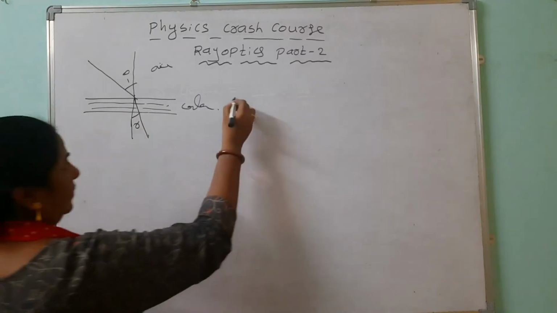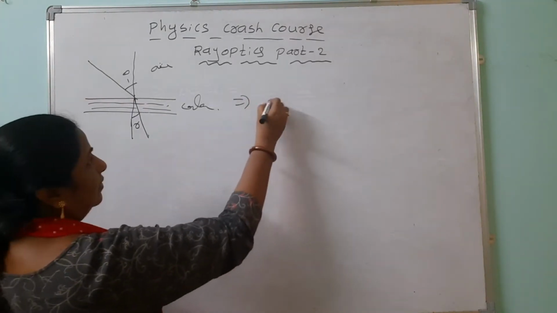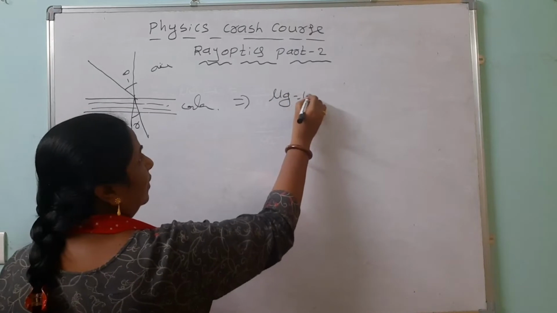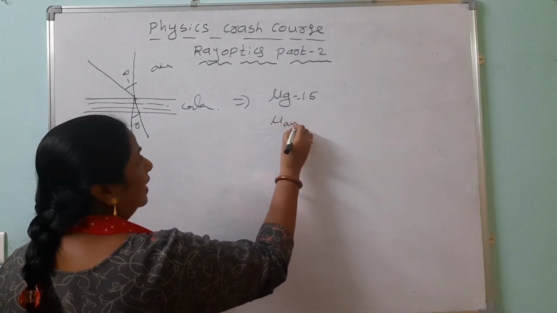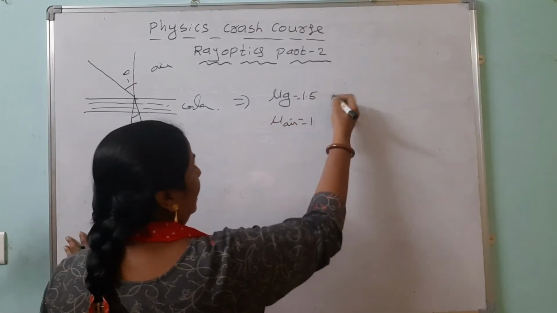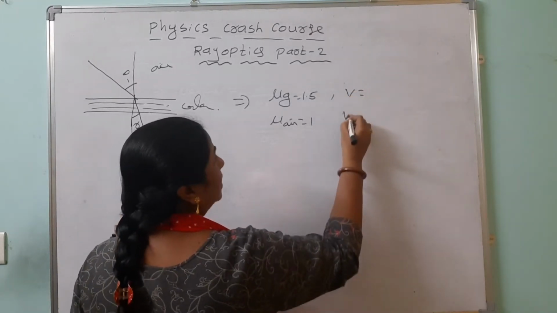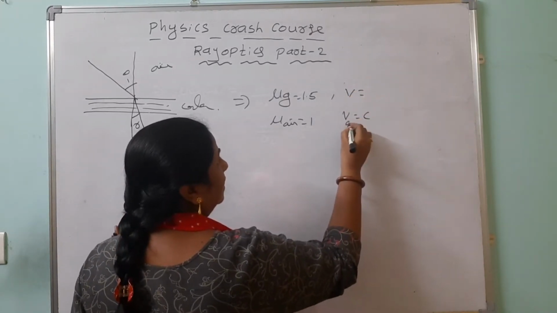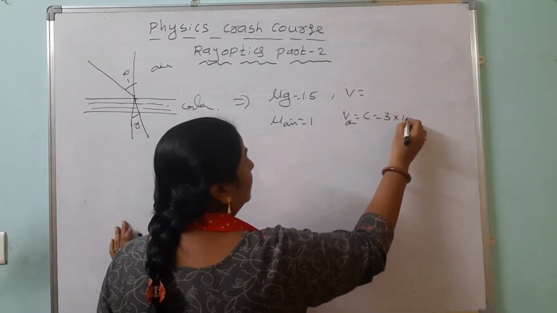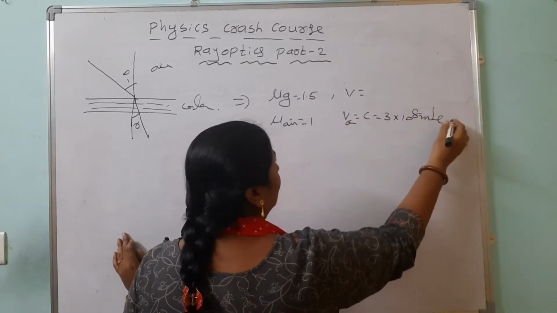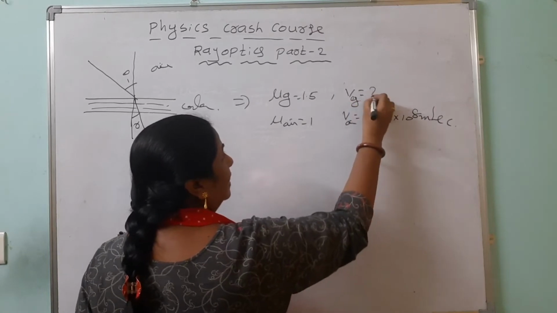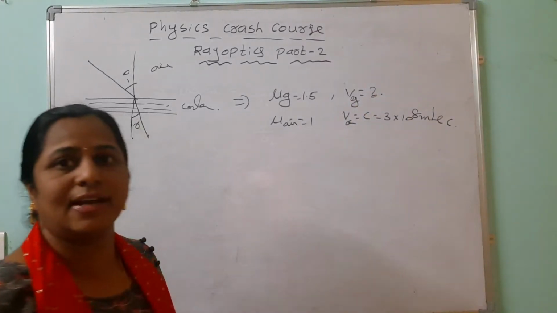In this case, you know that the refractive index of glass is 1.5. Refractive index of air is how much? 1. And the velocity of light in vacuum is represented by C. That value is 3 into 10 to the power of 8 meters per second. Here the speed of light in glass is how much?